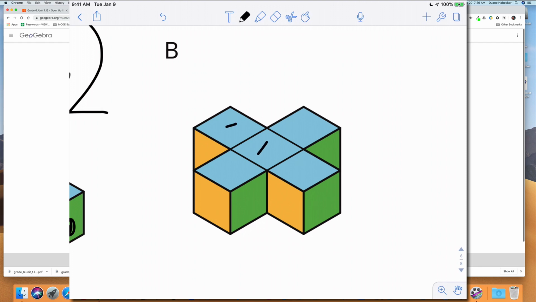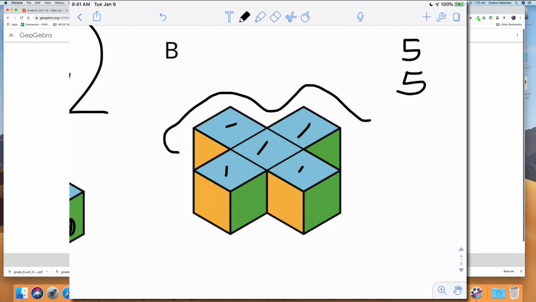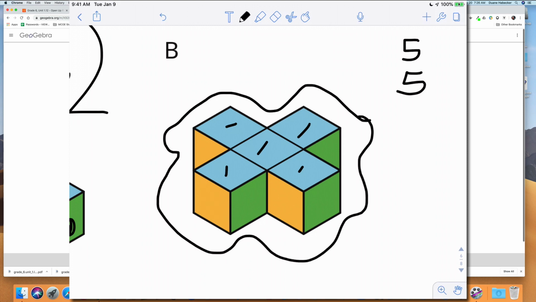And we see that 1, 2, 3, 4, 5 plus the bottom is the identical 5. Now, going around, this is going to be tricky. We have to count all the faces going around this figure. This cube right here, I already counted the top and the bottom.